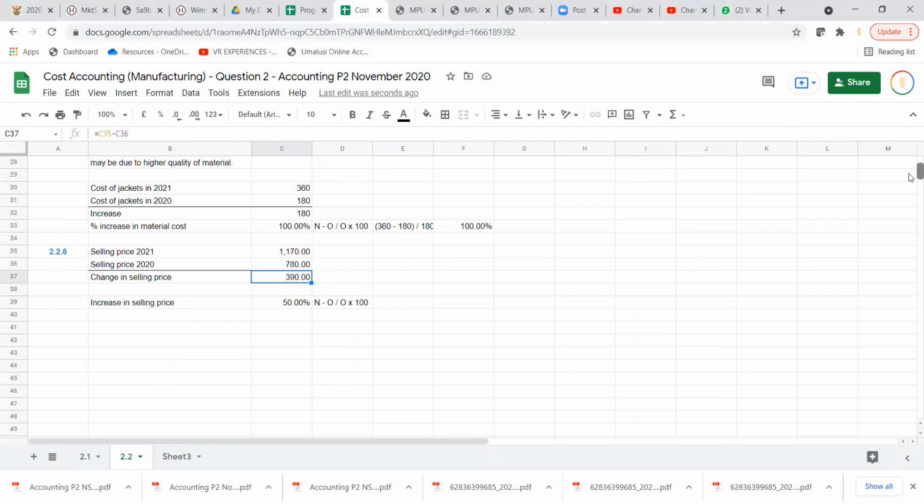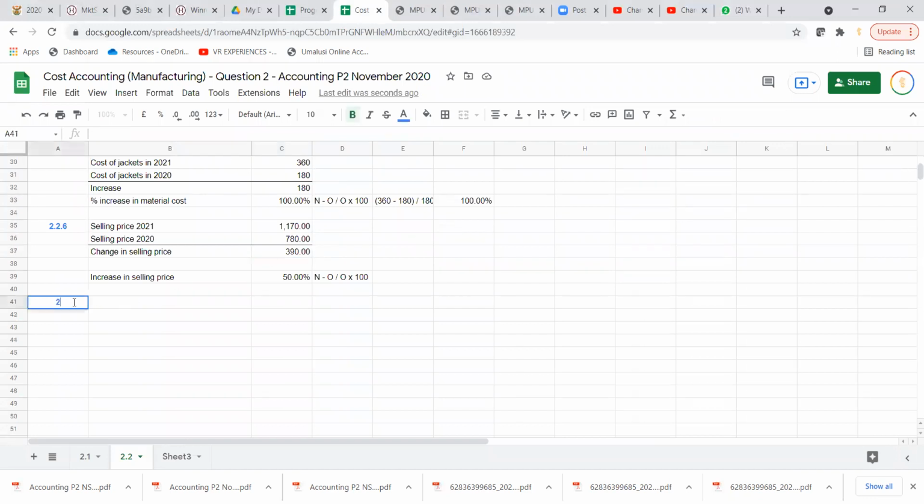So 2.2.7. I'm going to have details, 2021 and 2020. What did I want to know?